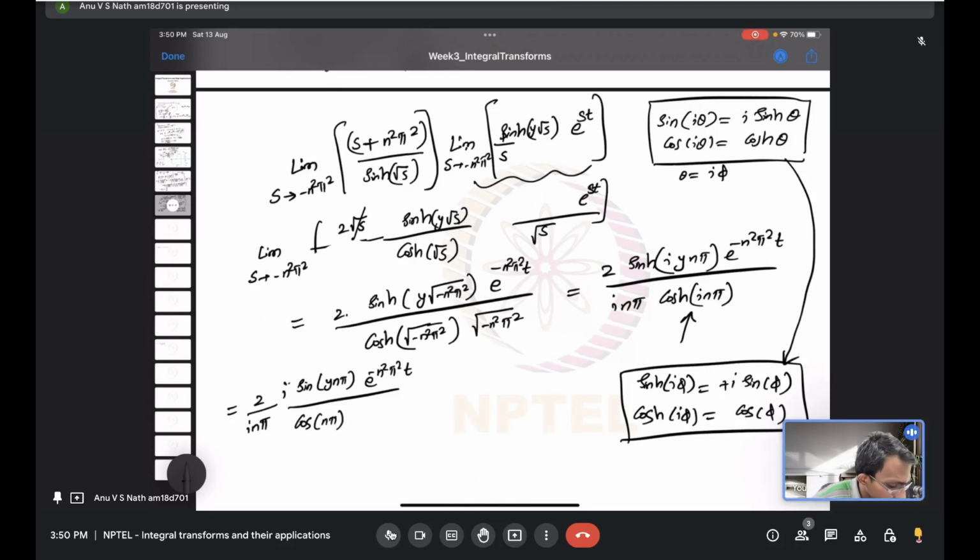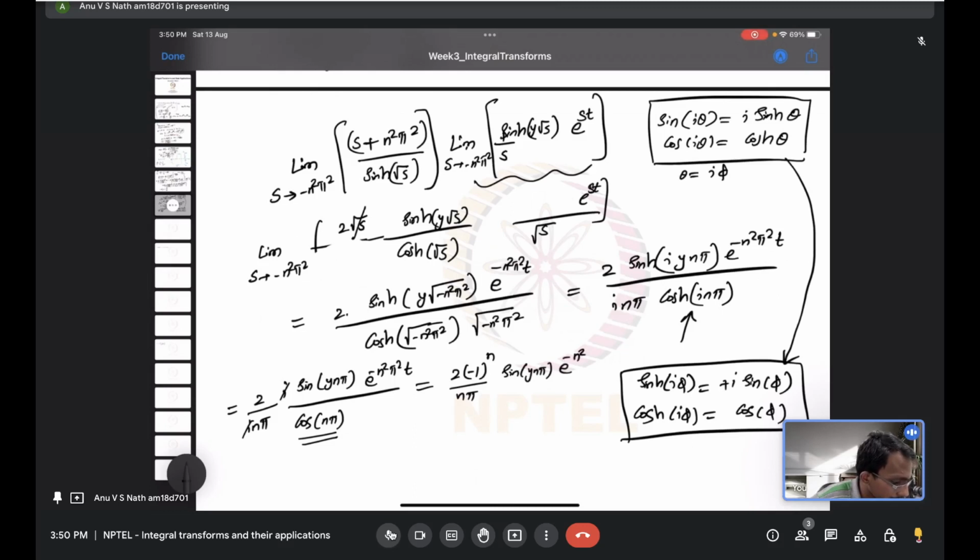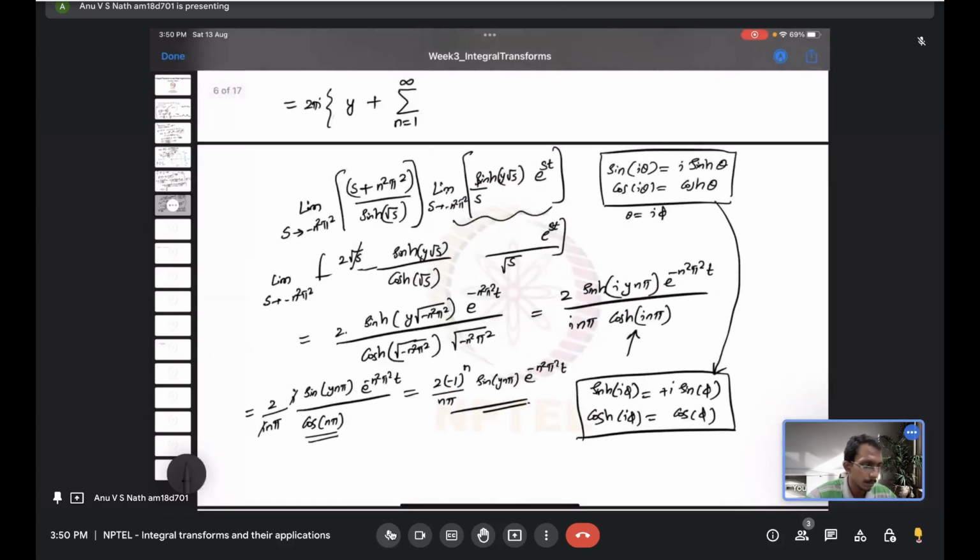And see, this one of the i on numerator and denominator can be cancelled, and cos of n pi I can write as minus 1 the whole raised to n, right? So it's 2 into minus 1 the whole raised to n by n pi into sin of y n pi e raised to minus n square pi square t. So this is the residue when s is equal to minus n square pi square.